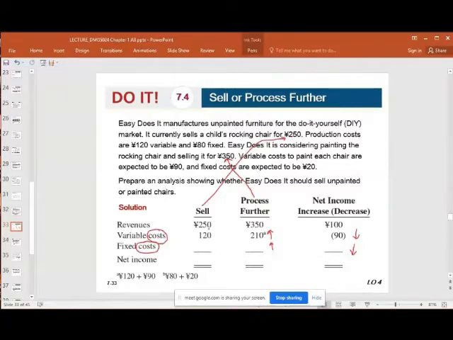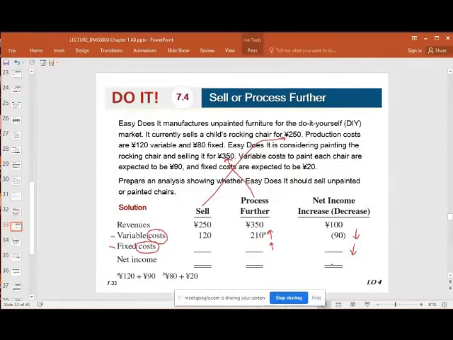So last one, revenue minus cost, you get net income. So revenue minus cost, you should get your net income. Same goes with process further. And then finally, you compare your final answer. Okay, class, so what do you get?